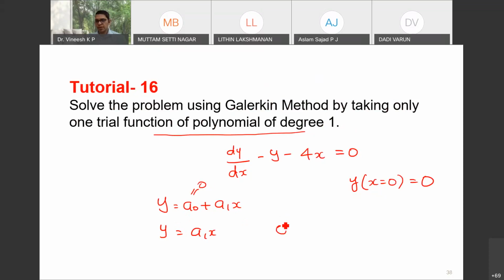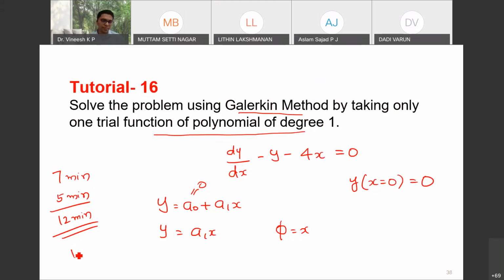So phi, the function, is equal to x. Just solve by using the Galerkin method. You have 7 minutes to solve the problem and 5 minutes to upload it. It's a very simple problem, that is why I kept it very simple.